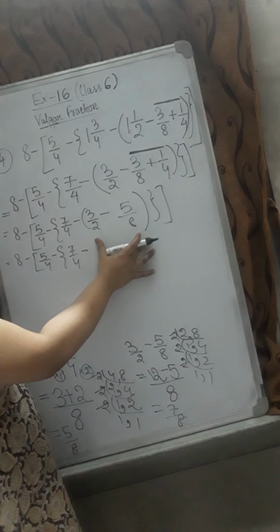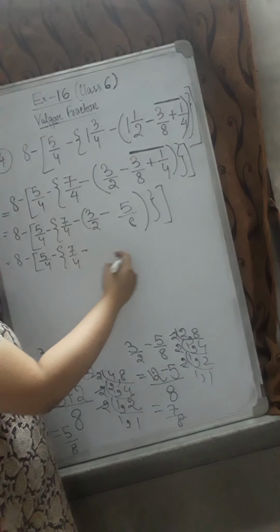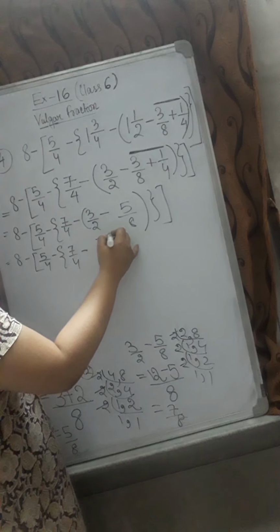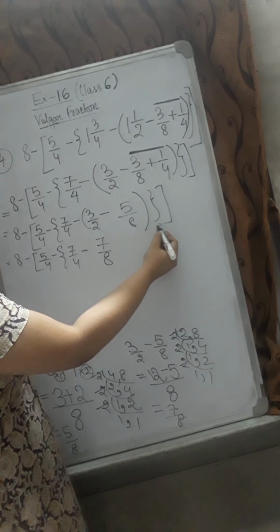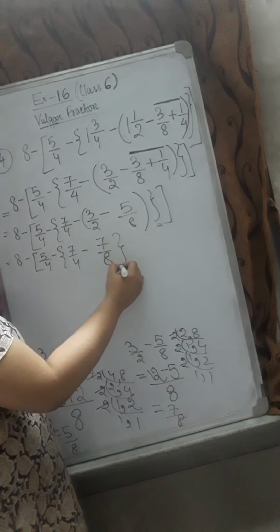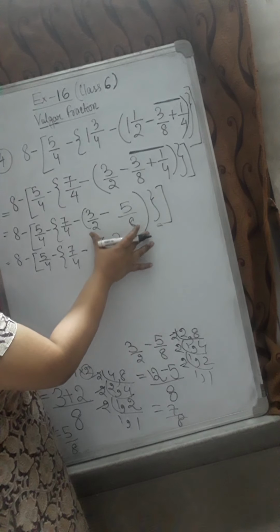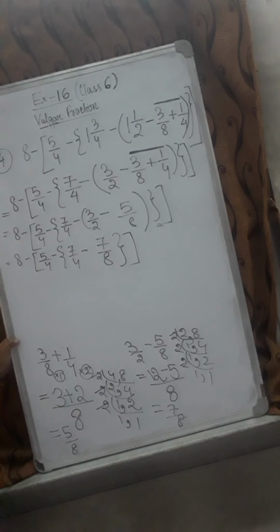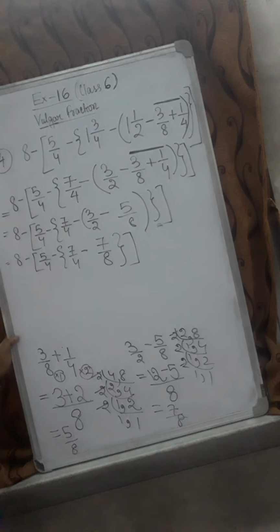So we will not put the first bracket because we have already solved this. So the result is 7/8. Now you will only put the second bracket. Close the second bracket. No need to close this first bracket because we have solved it. Now next is solving the second bracket.